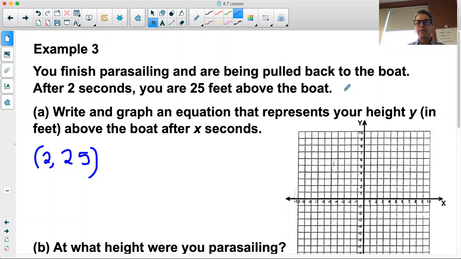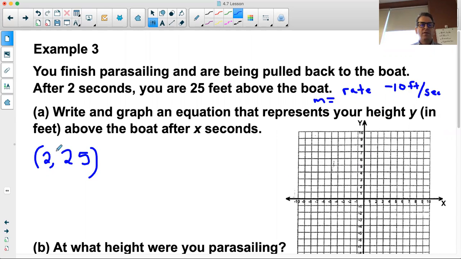So the rate that you are descending in this problem is minus 10 feet per second. I want to make sure I have that prior to moving forward. It was actually in the book lesson, in the picture, so I had to stop the video and add it there. The rate, or the slope, is descending at 10 feet per second.